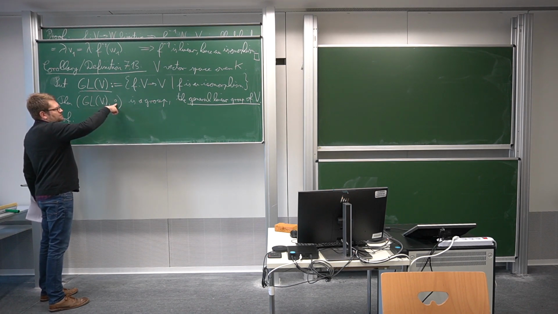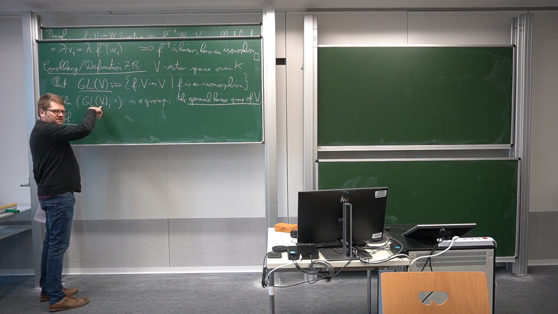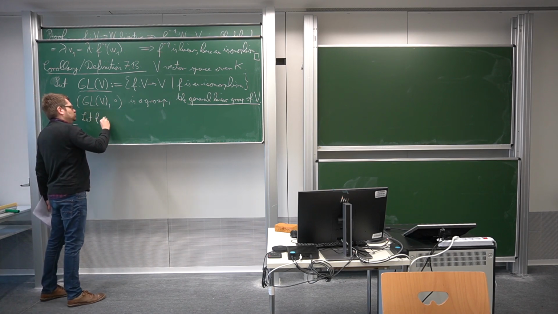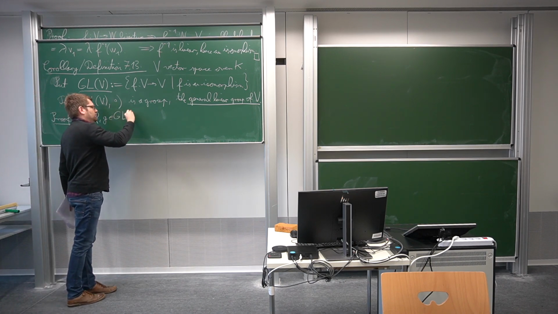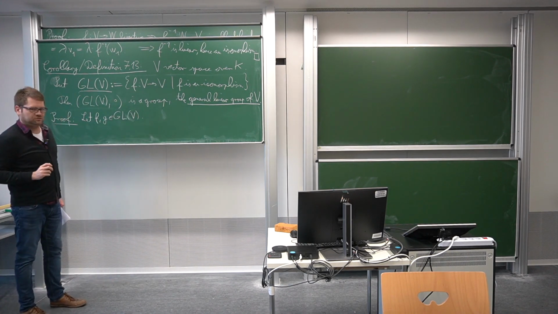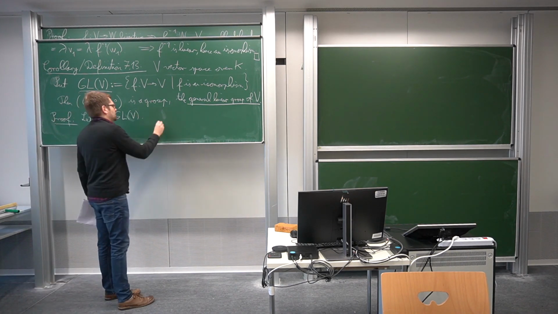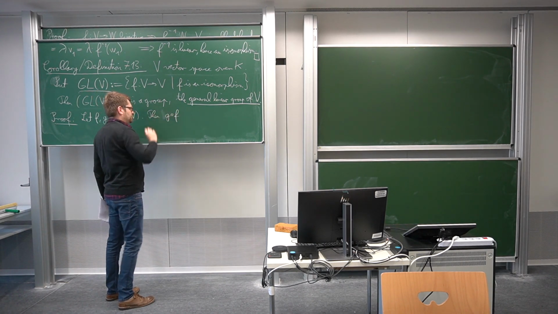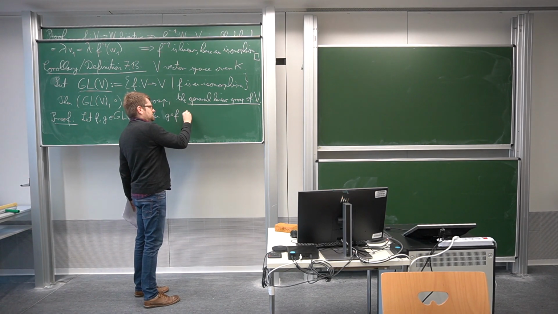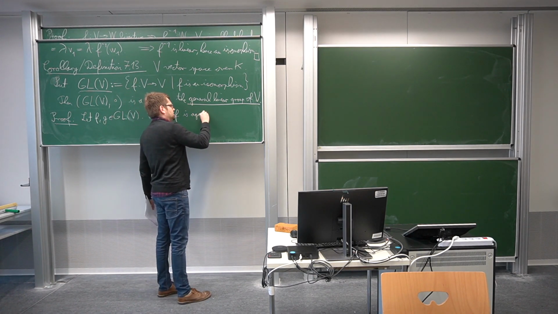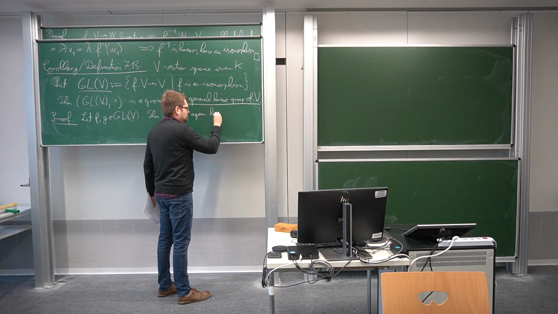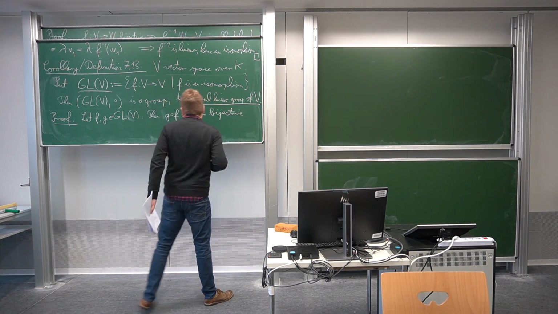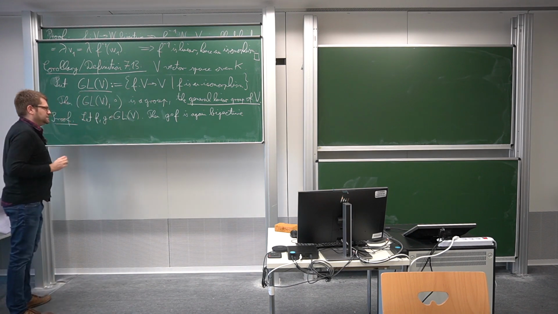First of all, we need to show that this composition map is actually well defined on this set. Namely, if we have two elements of GL of V, so two isomorphisms from V into itself, then the composition G circle F is again bijective. This is clear. So the composition of bijective maps is bijective, and we've seen the composition of linear maps is linear.